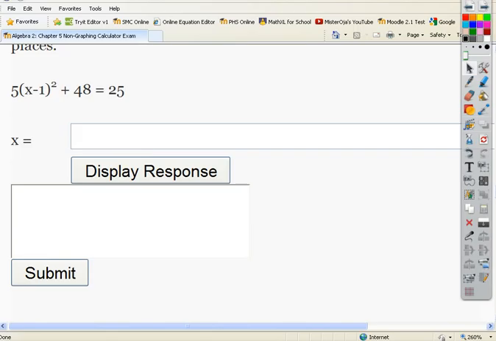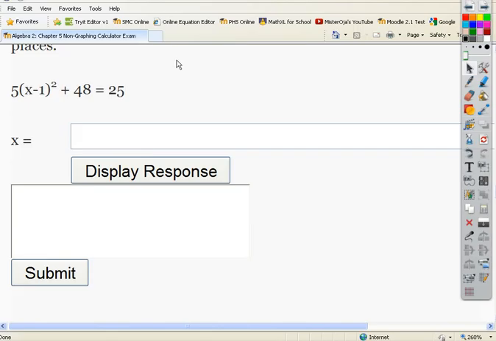Okay, so we know the steps. Let's just execute those steps. If I subtract 48, I get 5 times the quantity x minus 1 squared equals negative 23. If I subtract 48, everybody agree? Okay.